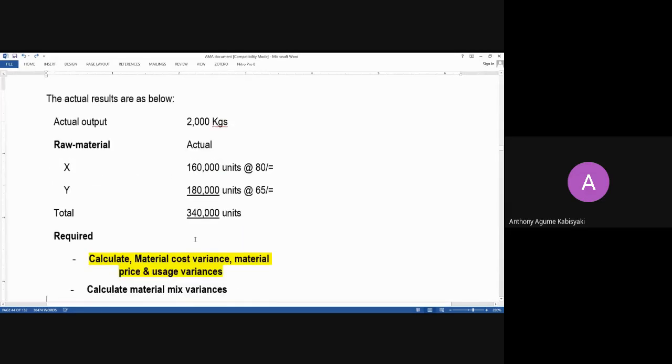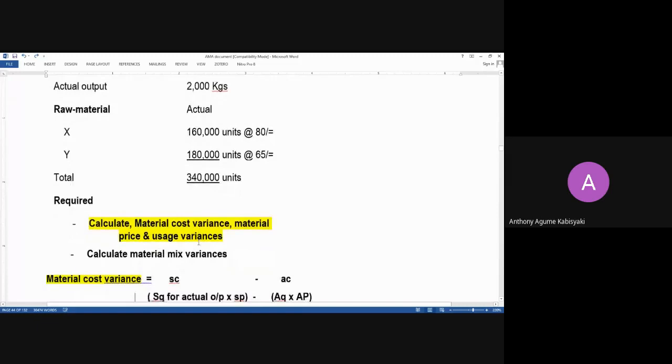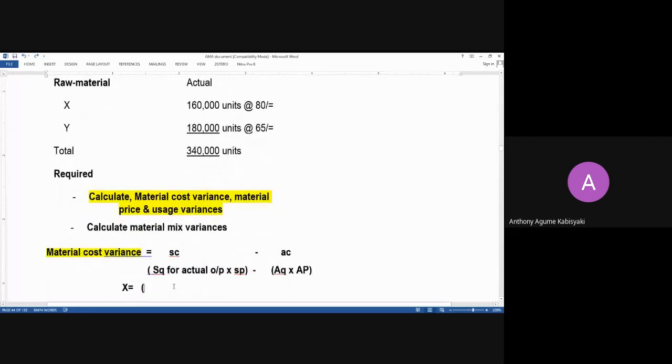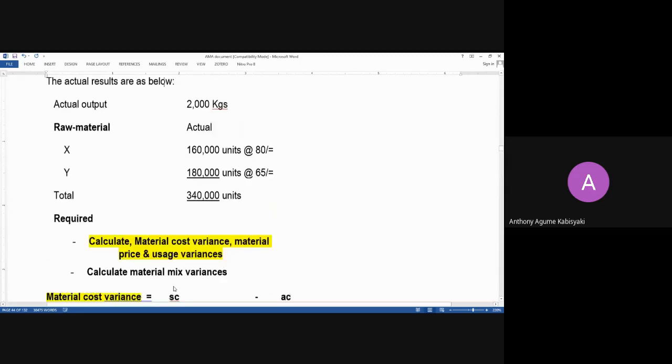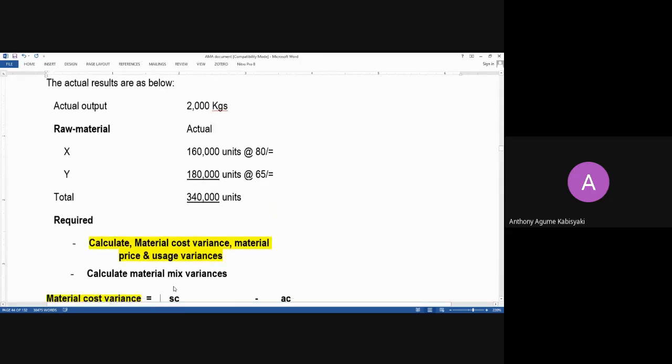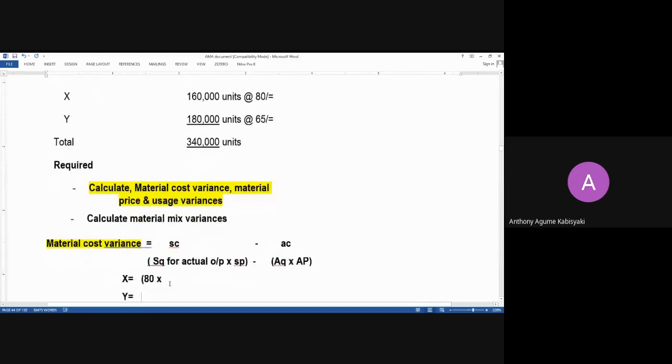Actual output is given as 2,000 kilograms. So I multiply this by 2,000 kgs.